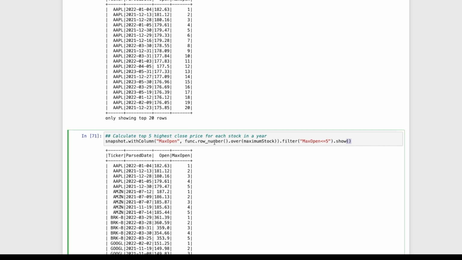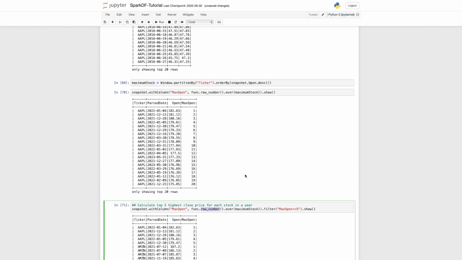So that's why we're using row number after partitioning by ticker and then ordering the open price in descending order, right? So essentially what we are doing is we are getting the maximum stock price at the top, and each time we assign a row number, we are cutting it off at 5 to get the maximum stock prices, right?